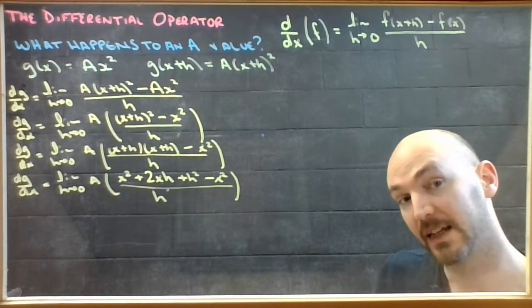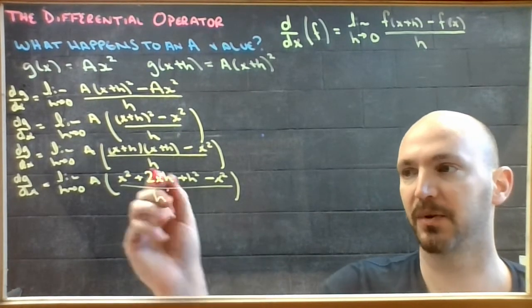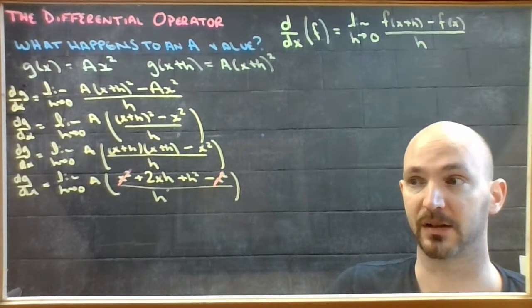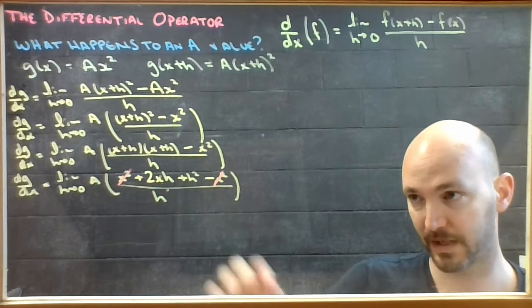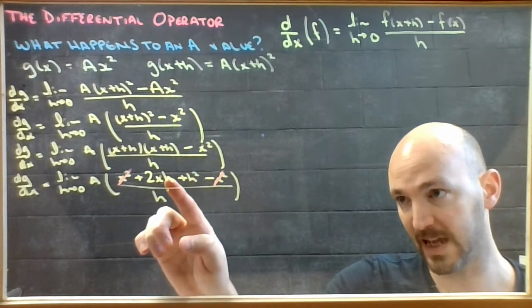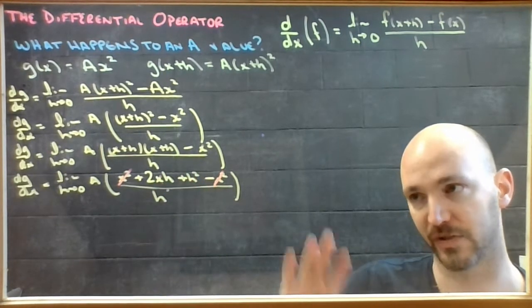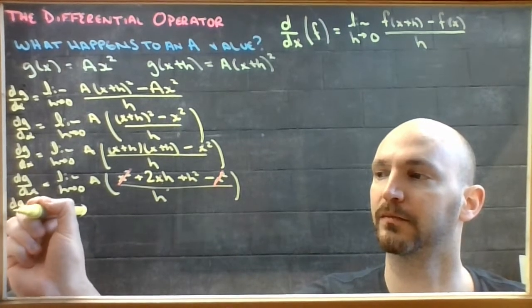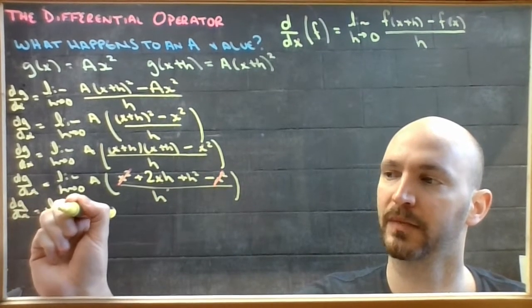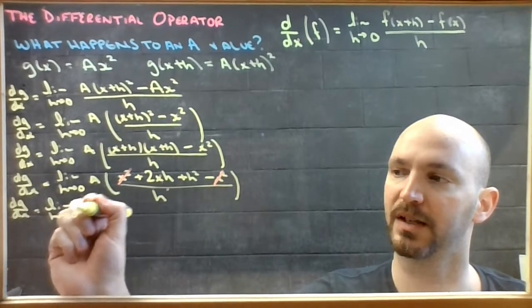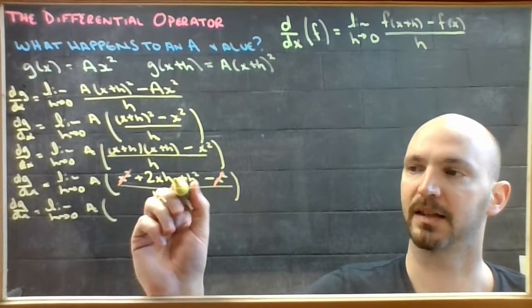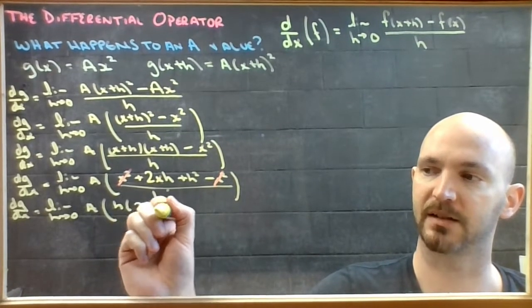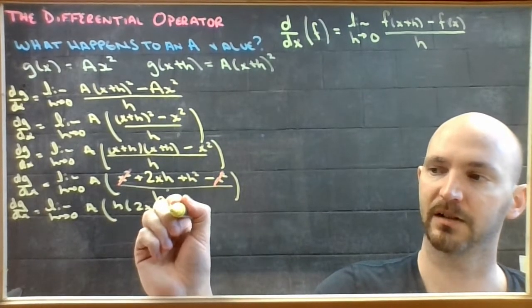Now, just like in the 1/4 x squared example, this x squared and this x squared ended up undoing each other. And I'm left with two terms in the center, each of which contains an h. So I can factor that one out. Limit of h goes to 0 of a. This thing has an h. If I take it out, I'm left with 2x. If I take one out of here, I'm left with h.